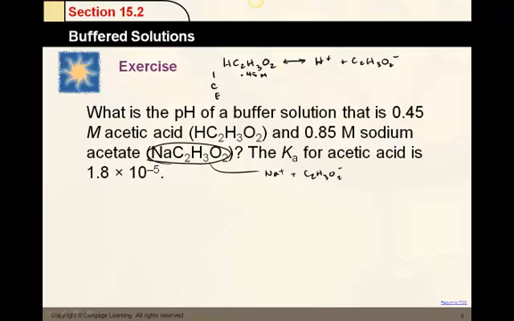Because salts will ionize 100%, sodium acetate will break apart into ions 100%. So therefore, if the concentration of sodium acetate is 0.85 molar, the concentration of sodium is 0.85 molar, as well as acetate.